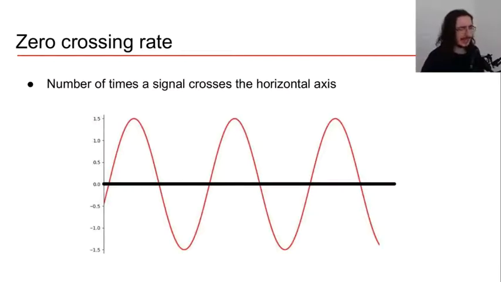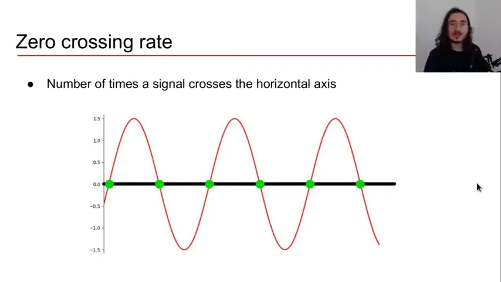Okay, so here we have a simple signal, worth of a frame we can assume, and then the zero crossing rate is equal to the count of these green dots. For each of these green dots, we have a crossing of the horizontal axis. In other words, for this signal, the zero crossing rate is equal to 1, 2, 3, 4, 5, 6.